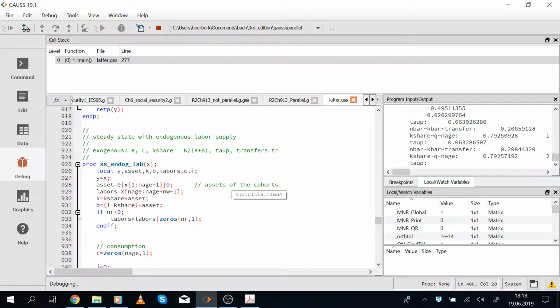also supply labor S and a guess for our labor supply of the workers during age 20 through 64.